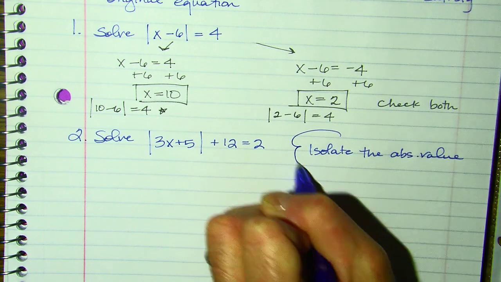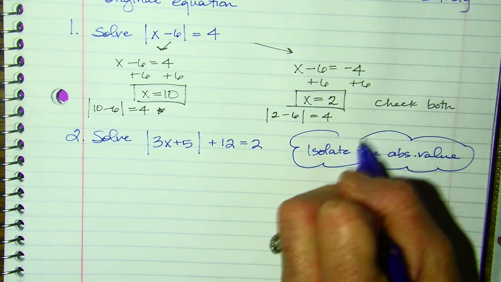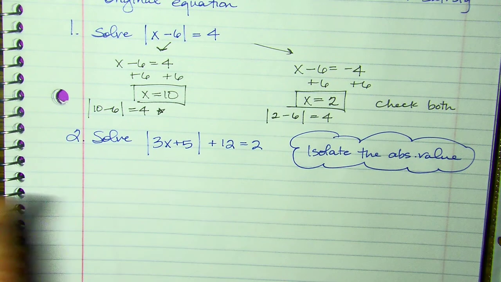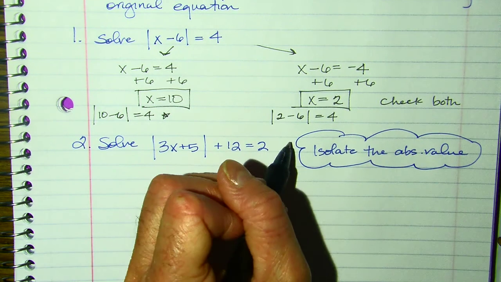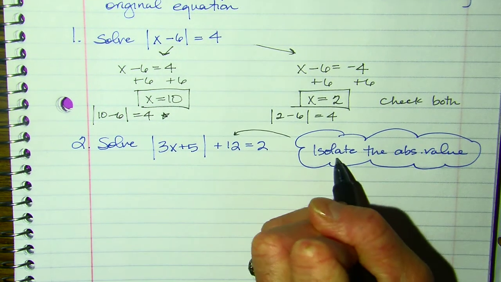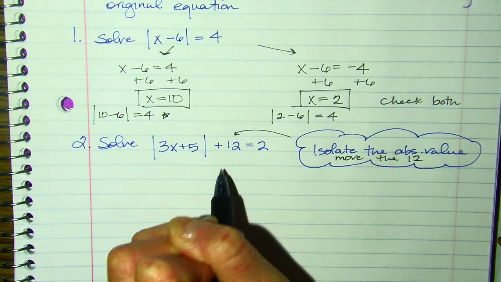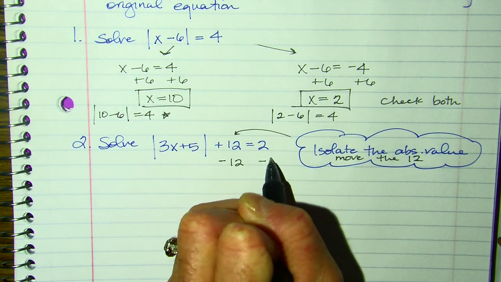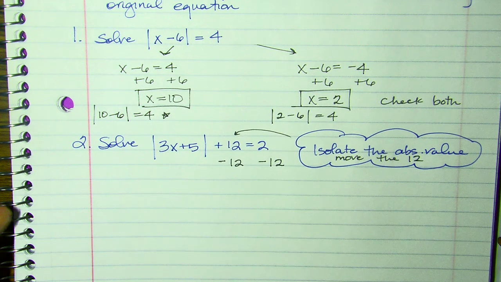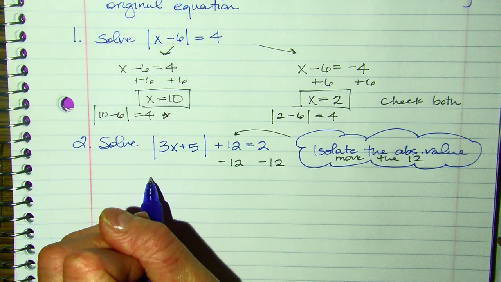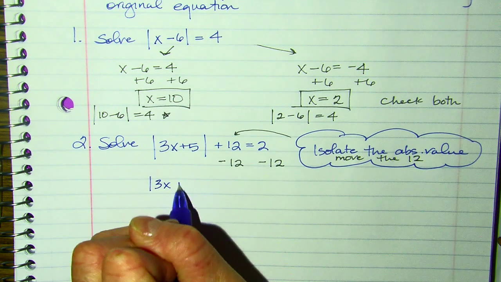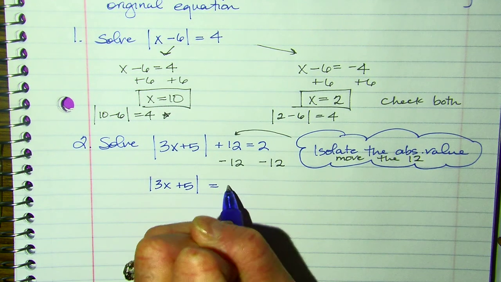So anything before or after it has to be moved. The first thing I have to do is move that 12. So I'm going to subtract 12 from both sides, and I'm going to rewrite my problem. So I get the absolute value of 3x plus 5 equals a negative 10.